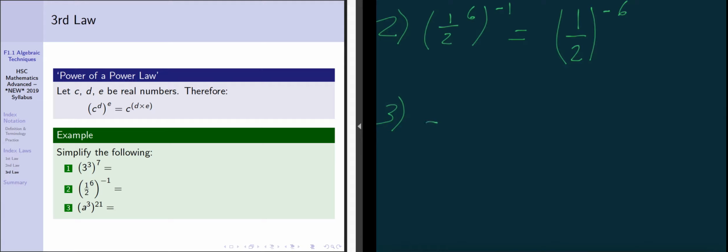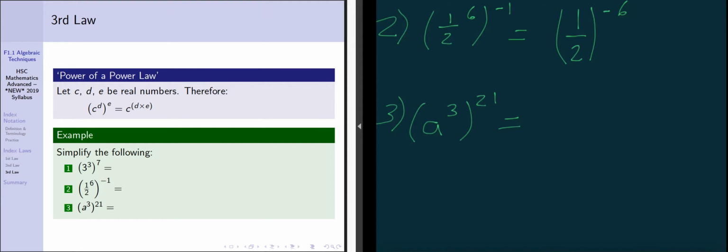And then question 3 is a cubed to the 21st power. So obviously here is, I provide this one because imagine having to write this out in expanded form. So you have groups of a cubed being multiplied by themselves 21 times.